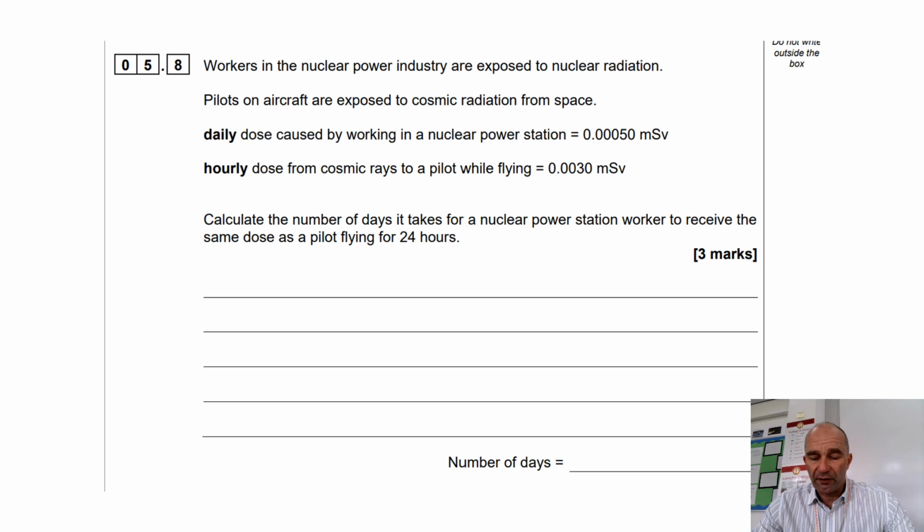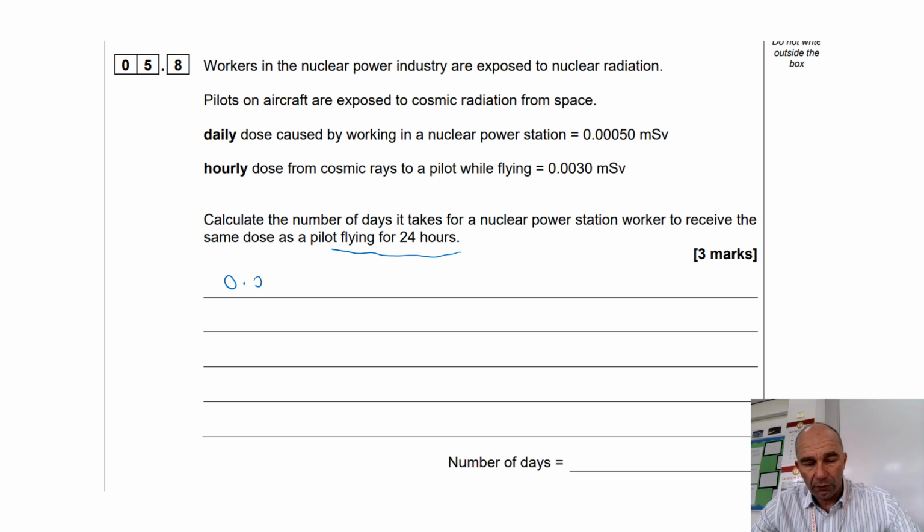Calculate the number of days it takes for a nuclear power station worker to receive the same dose as a pilot flying for 24 hours. So the first thing to do is to work out what is the dose received by the pilot flying for 24 hours. So the pilot receives 0.0030 millisieverts per hour. How much in 24 hours? So we need to multiply that by 24.